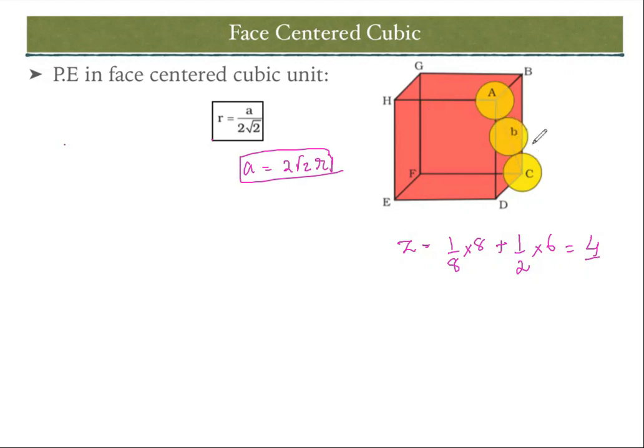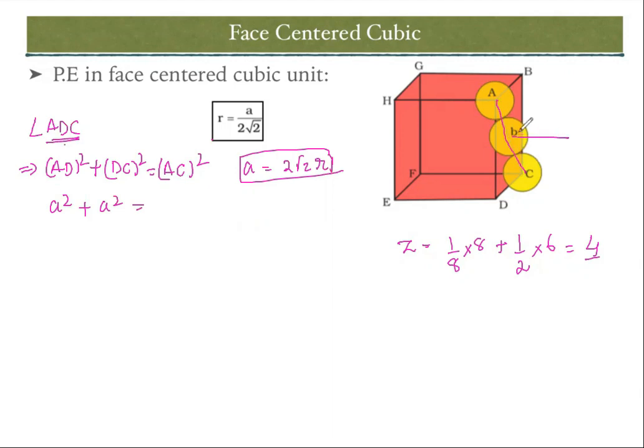Now, if you look at this triangle, B is the face center atom, and A and C are the corner atoms. In the right angle triangle ADC, we can apply the right angle triangle formula: AD² + DC² = AC². AD² is your side squared, DC² is also side squared, and AC is this whole distance, which is 4r.